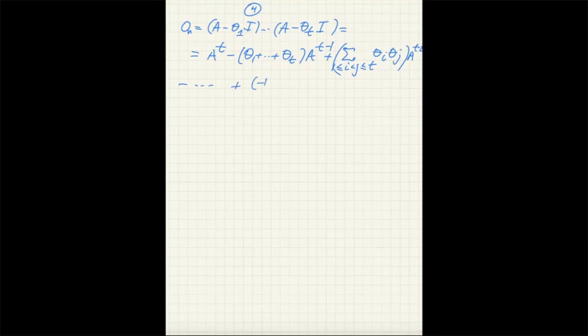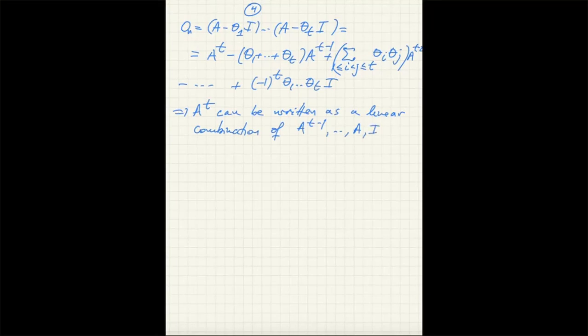The last one is minus 1 to the t times theta 1 ... theta t times identity. But from here, what you observe is that A^t can be written as a linear combination of A^(t minus 1), and so on, down to A and I.